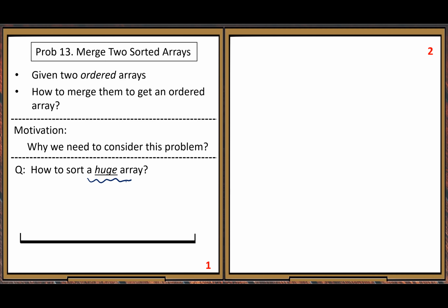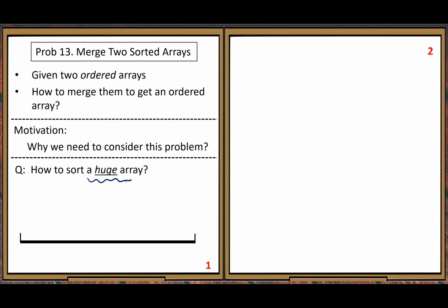I use this line segment to represent this whole array, very big. You can imagine this array is so big, it is stored on the hard drive, but the whole array cannot be loaded into the memory completely.